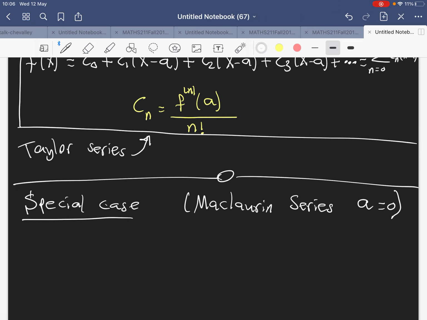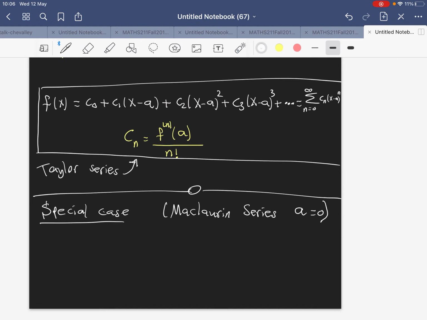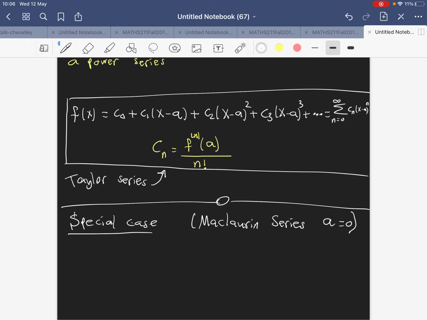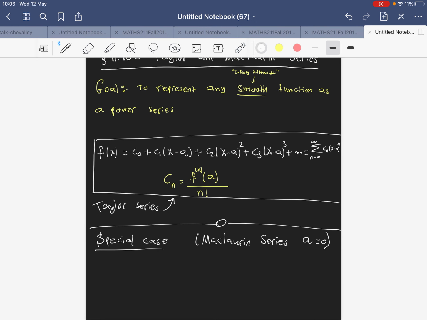So if I tell you Maclaurin series, this means a equals 0. If I tell you a equals 0, what I mean is the Maclaurin series. So the Maclaurin series is just a special case of the Taylor series. That's all we want to say. So a is equal to 0. Now, this is the formula, and this is how we are going to find the representation for any function.